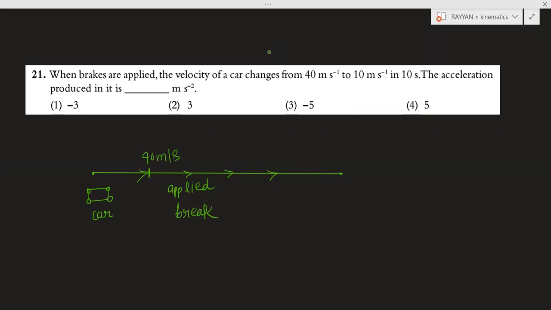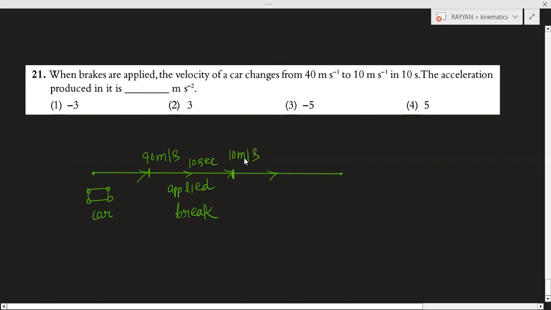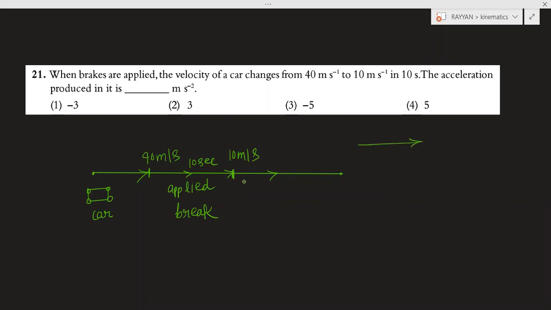After applying the brake, in 10 seconds the speed of the car becomes 10 meter per second. Now you have to remember one thing: the direction of the motion of the car remains the same. The car is always going in this direction, so you can take this direction as positive.